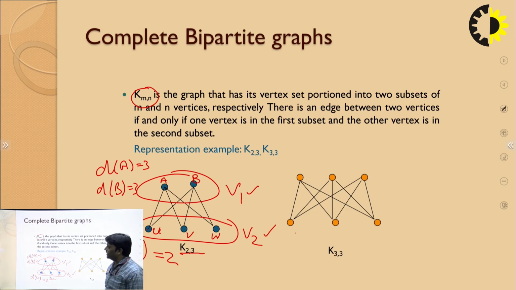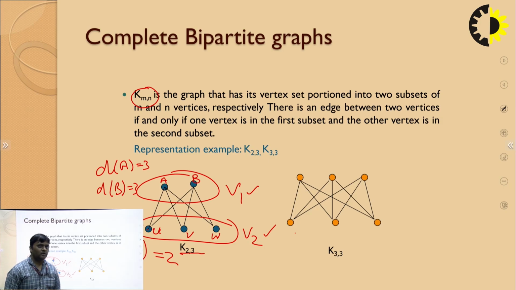K(M,N) is the graph that has its vertex set partitioned into two subsets of M and N vertices respectively. There is an edge between two vertices if and only if one vertex is in the first subset and the other vertex is in the second subset.